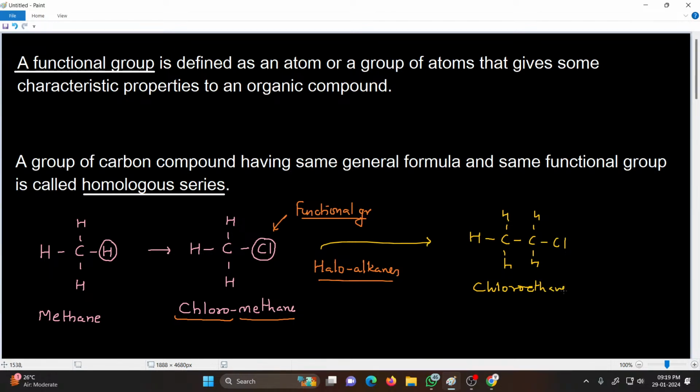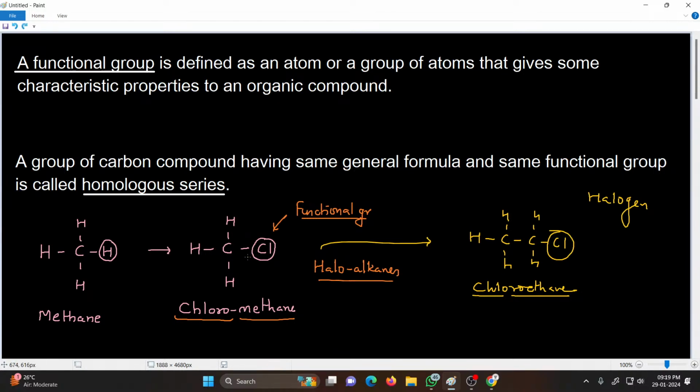Similarly you can have bromoethane, iodoethane, or fluoroethane, etc. So for the linear structures, for the branches, for the rings, a halogen atom can replace hydrogen and form such compounds. So this functional group is called halogen. So we can define this first functional group as halogen.